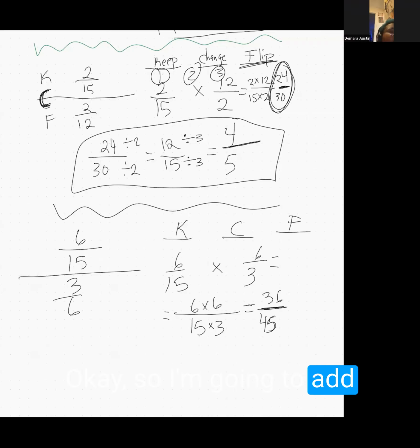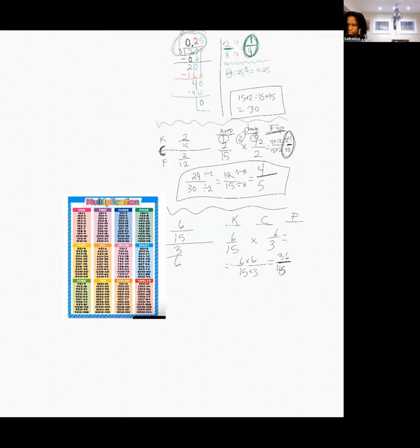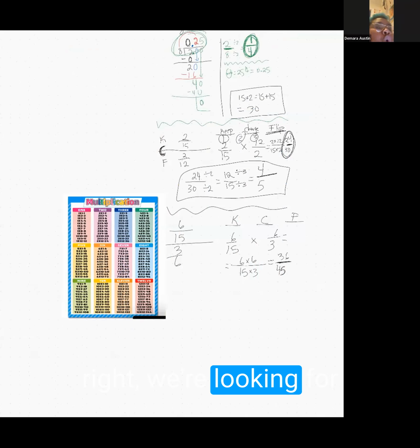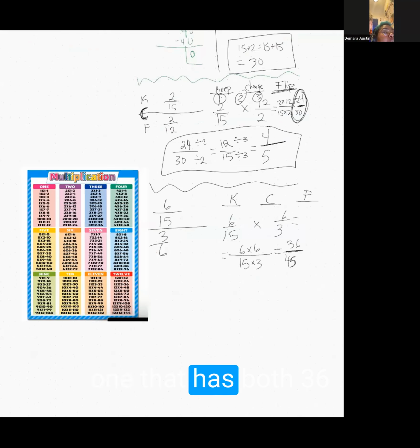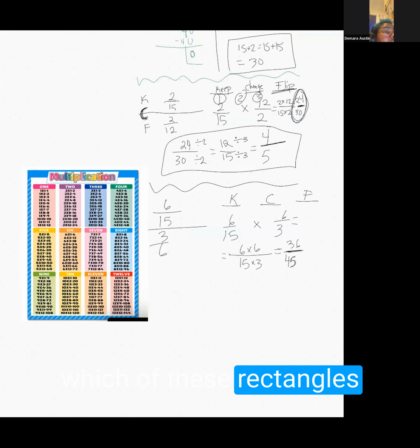Okay. So I'm going to add the multiplication chart to our Zoom so that we have it here. We're looking for one that has both 36 and 45 in it. Which of these rectangles has 36 and 45 in it?